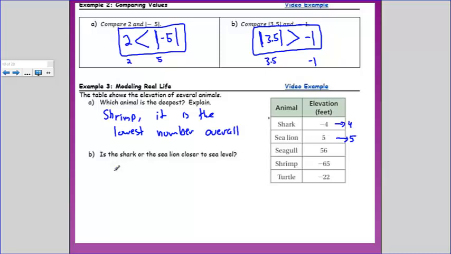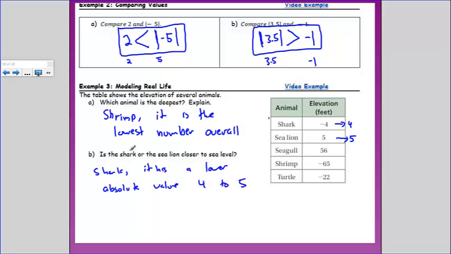So who is closer? The shark is closer because it has a lower absolute value, comparing 4 to 5. I'll even put that 4 to 5.